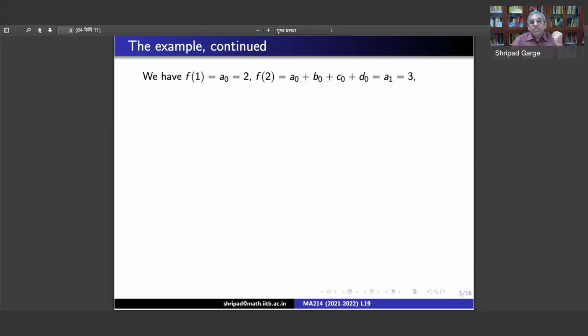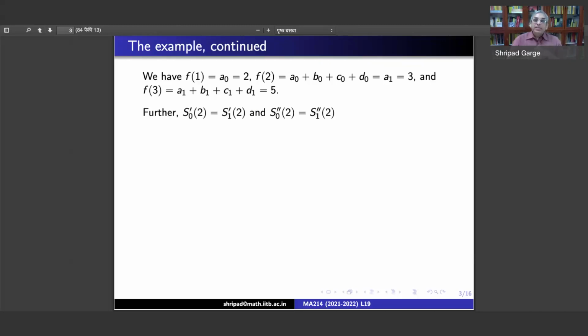So we have 3 equations so far. We have one more equation, which is f of 3, the second cubic polynomial S1 evaluated at 3, and that would give you a1 plus b1 plus c1 plus d1 equal to 5. So far we have 4 equations. There are 8 unknowns. We need 4 more equations and hopefully that will help us get these solutions.